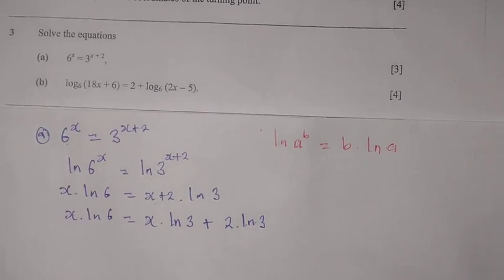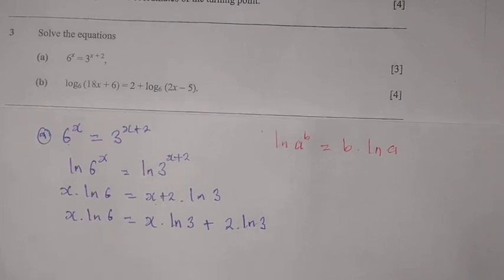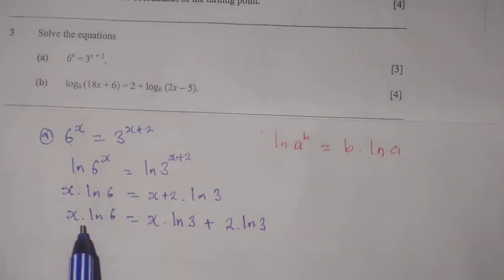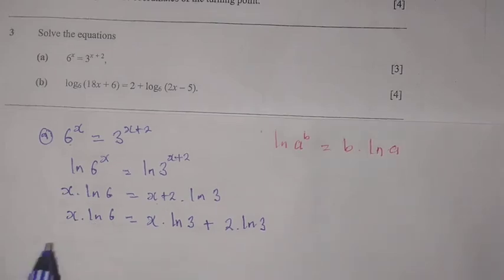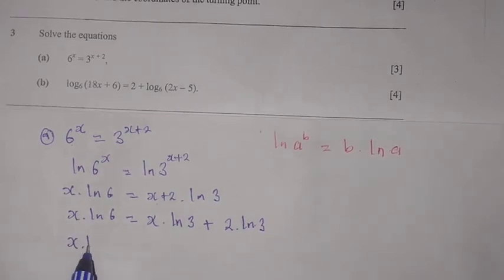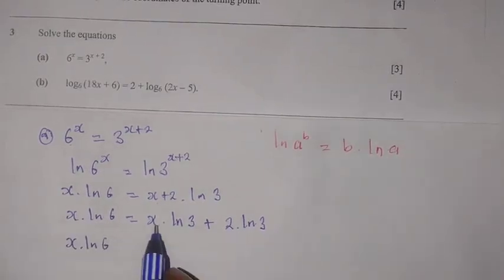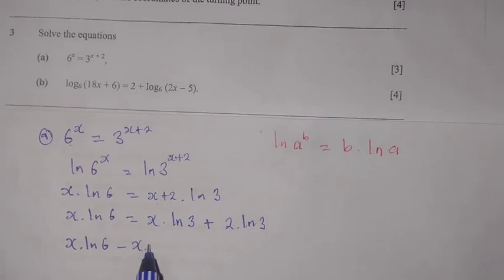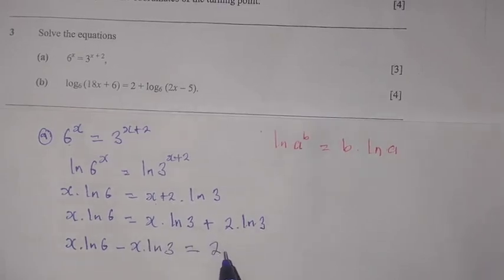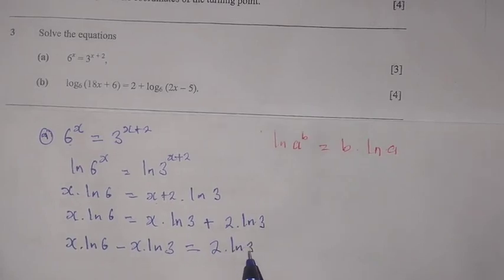Now from this stage, we are going to put x times ln of 6, again x times ln of 3 on the left-hand side because we have the common variable x. So we are going to write x times ln of 6. This is a positive, it will be a negative x times ln of 3, then is equal to 2 times ln of 3.